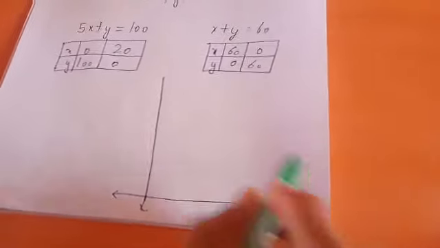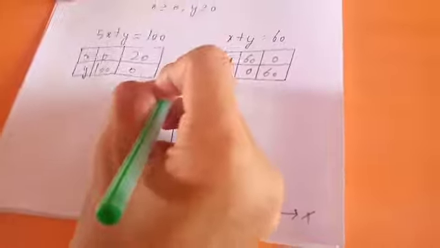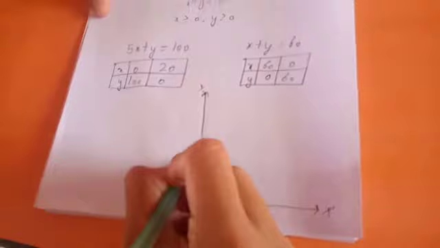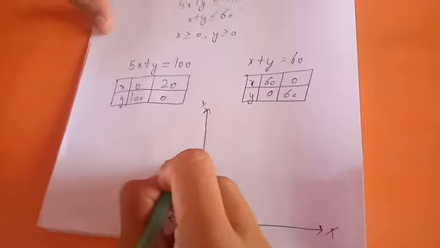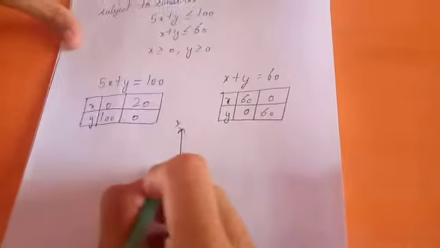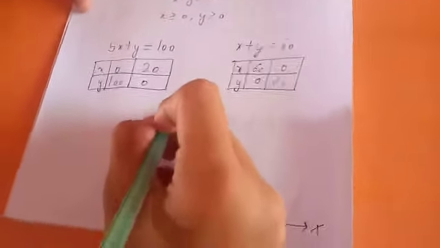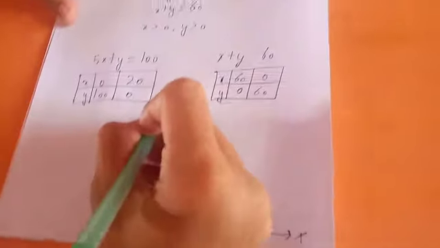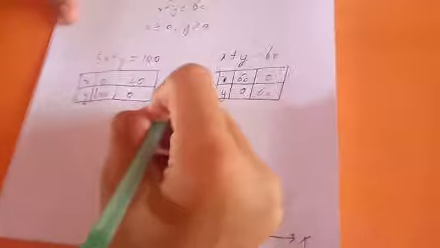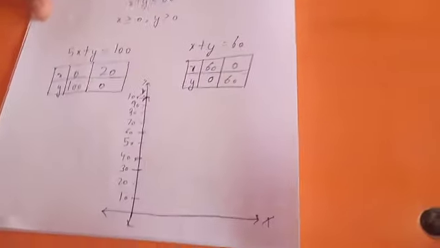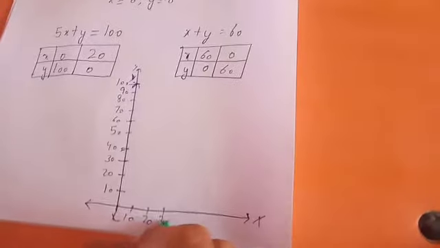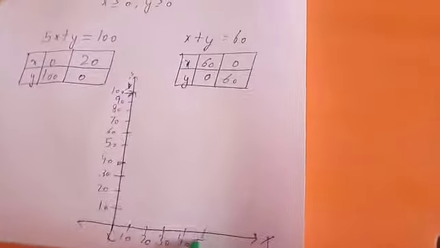So this is our x-axis, this is y-axis. On the y-axis: 10, 20, 30, 40, 50, 60, 70, 80, 90, and this is 100. You can extend this line till here. Similarly, on the x-axis: 10, 20, 30, 40, 50.